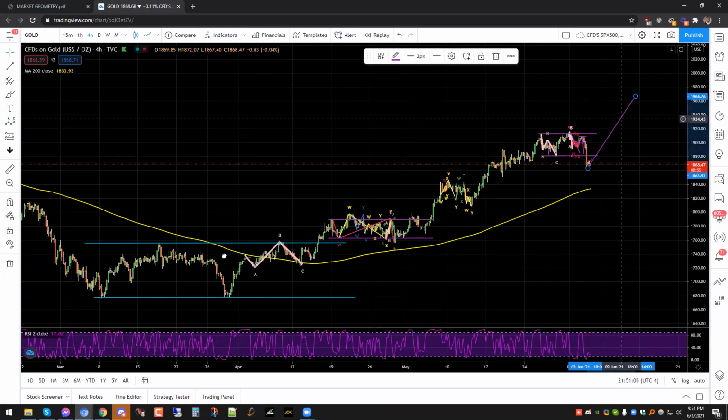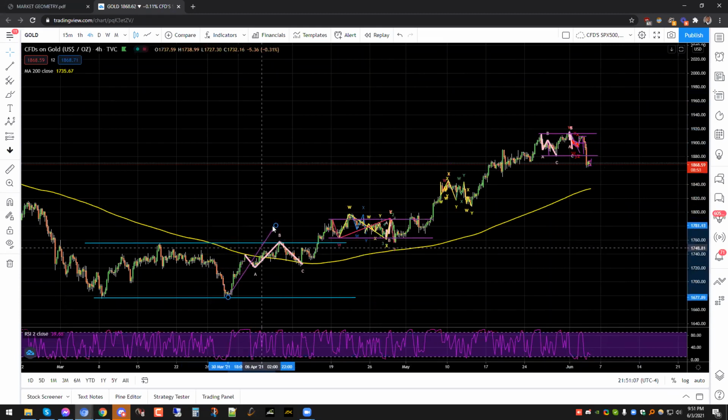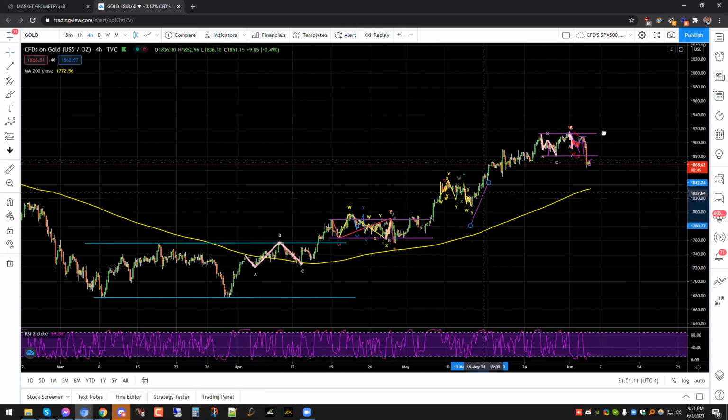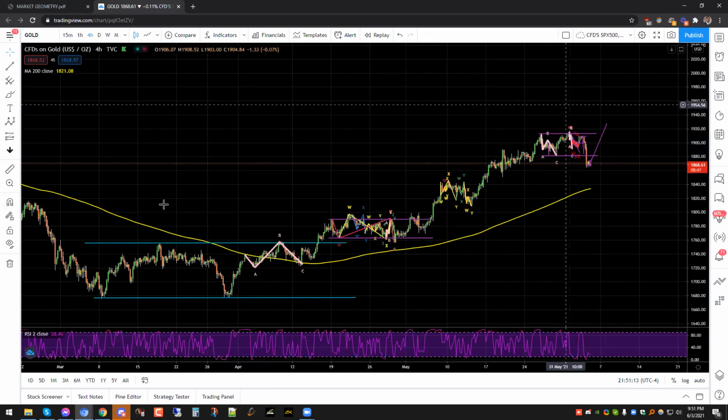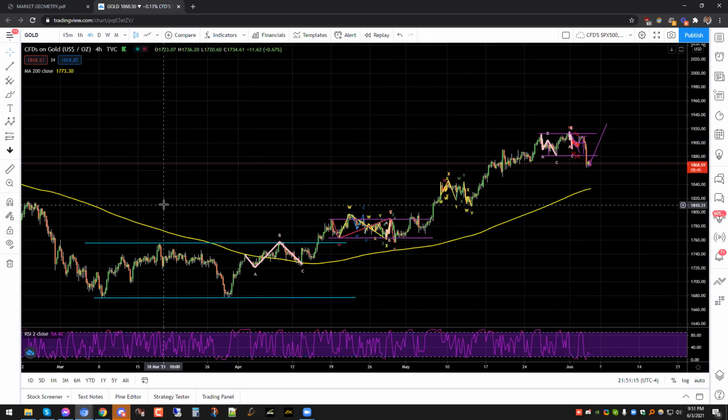Wave five and wave one are typically the same length, right? So I can expect this to be like that. That's how we use market geometry. If you understand what wave you're in, it will help you to get the best price projection so that you can set your targets the right way.